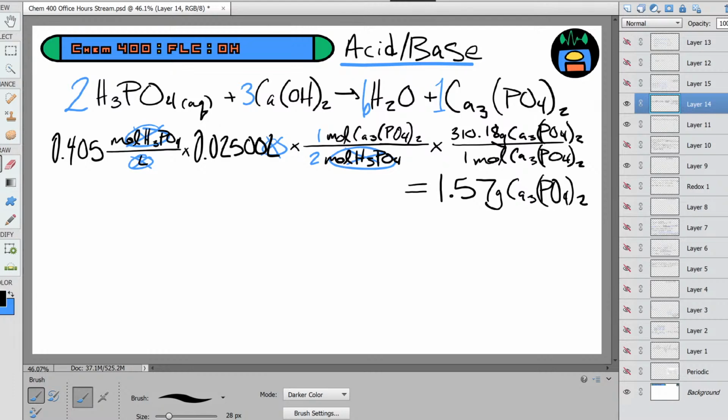All right, now we've got to do the calculation with calcium, which is 398. That is moles of calcium hydroxide over liters times our volume.